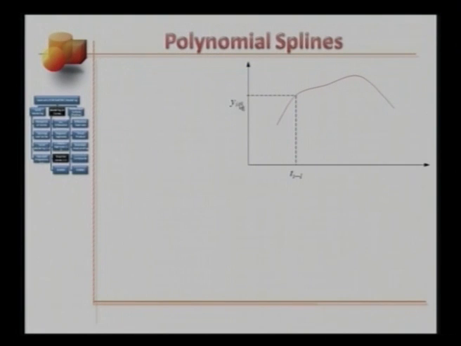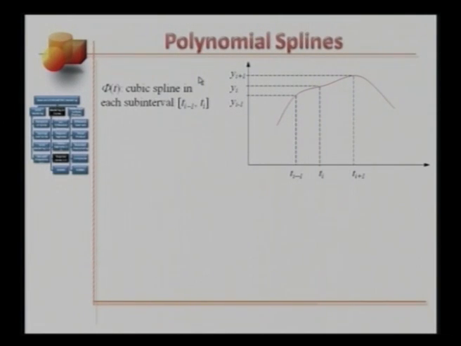We have the value of this generic spline curve as y(i-1). At ti, we have the value yi. Likewise, at t(i+1), we have the value y(i+1), and so on and so forth. Let's say these ordered pairs are given to us, and we have to construct a generic spline.